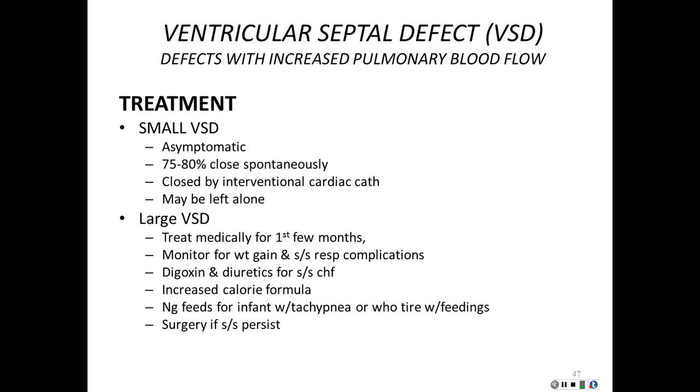Again, the VSD is the most common of the congenital defects. If it is a large defect, it has to be treated surgically, and there are risks with that as these children go onto cardiopulmonary bypass machines to do this. So some of the nursing problems that you're going to see are decreased cardiac output.